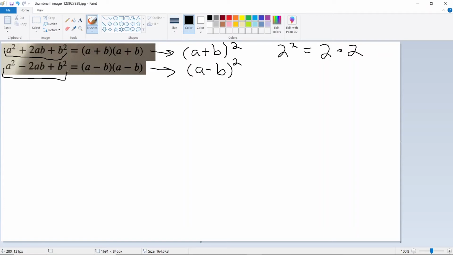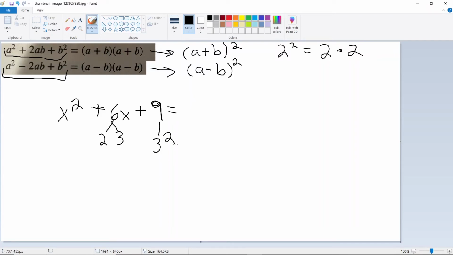Let's try this out. What if we had x squared plus 6x plus 9? Well, you might recognize that 6 is 2 times 3, and 9 is 3 squared.